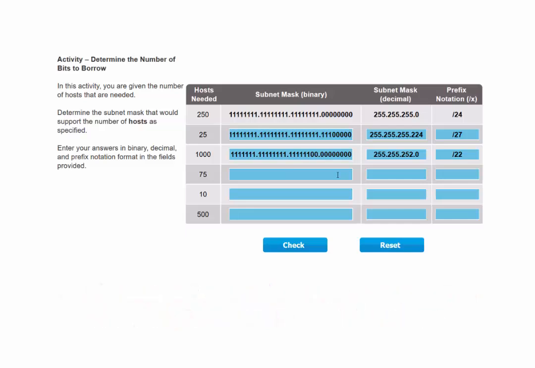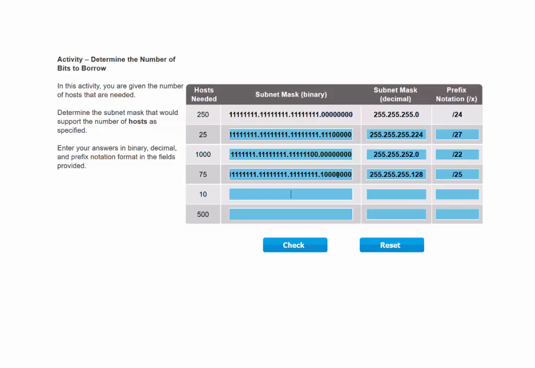So we have here 8 ones, and then 8 ones, and then 8 ones, and then here we need only 1, and then the rest will be zeros. And of course, this is 255.255.255.128. And of course, 24 plus 1, this is slash 25.